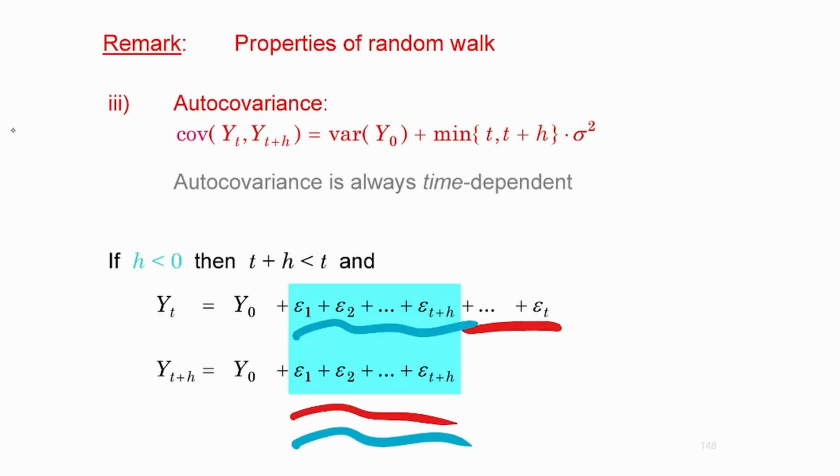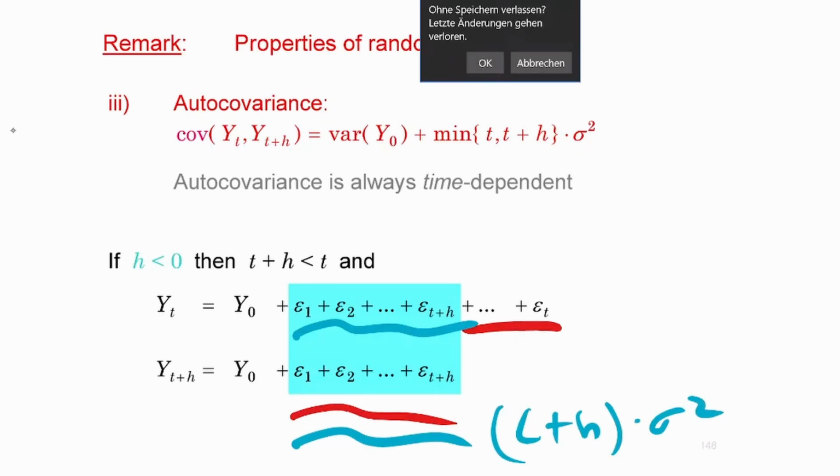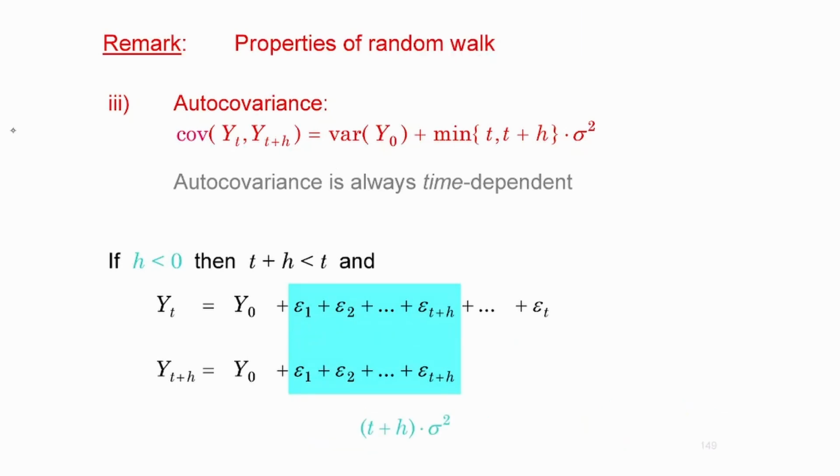That's obvious. You understand? So these two basically overlap, and the autocovariance is going to be t plus h times sigma squared for those. Because the autocovariance of the sum is going to be equal to the variance of the sum. That's it. Okay, these two overlap and the others don't. So that's that. Okay, is it clear, guys?